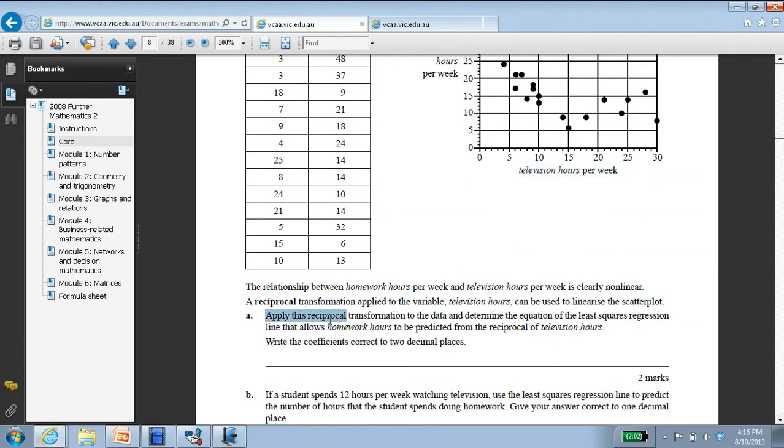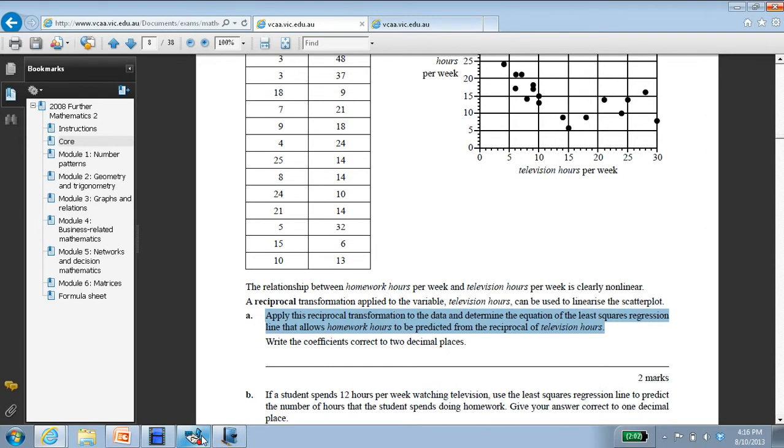The question is telling us to apply this transformation to the data and determine the equation of the least squares regression line that allows homework hours to be predicted from the reciprocal of television hours. Effectively it's saying do the data transformation and work out the least squares regression line for the transformed data.